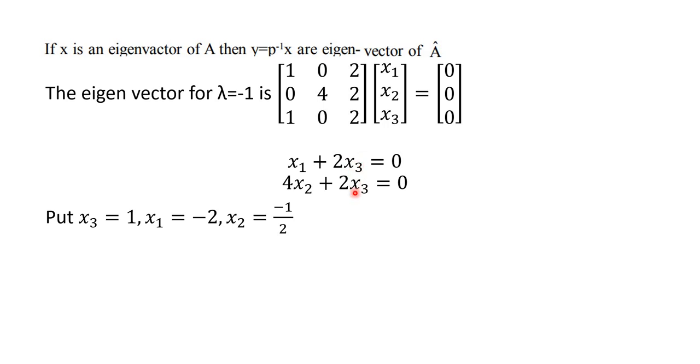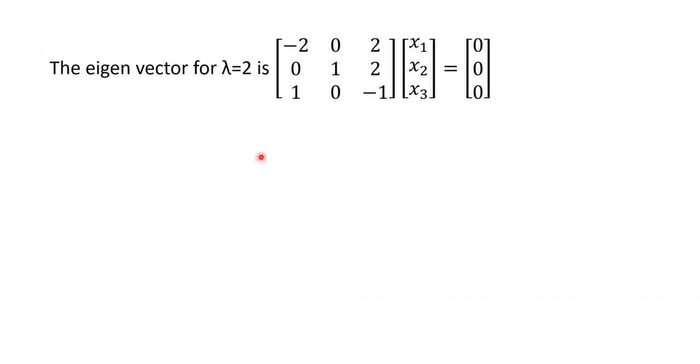So we take x3 equal to 1. We have x1 is equal to -2 and 4x2 is equal to -2, so x2 is -1/2. So the eigenvector is x1, x2, x3 equal to -2, -1/2, 1.